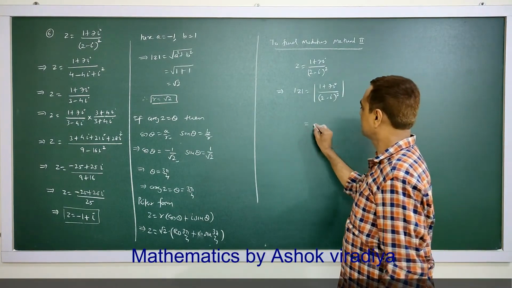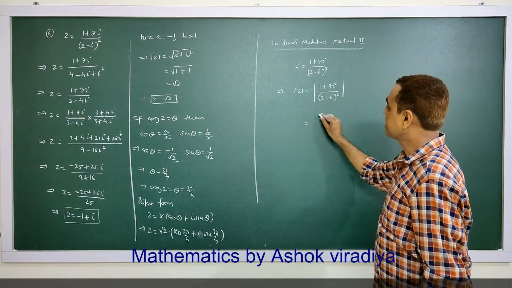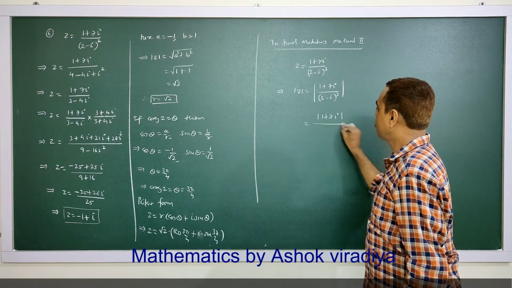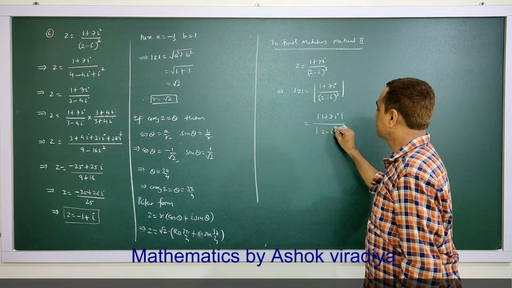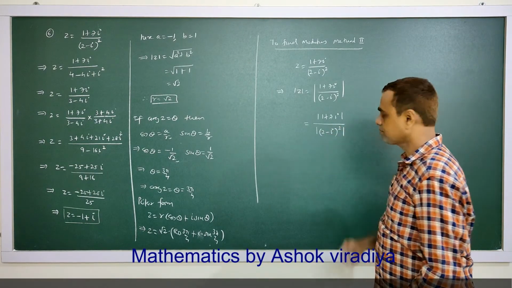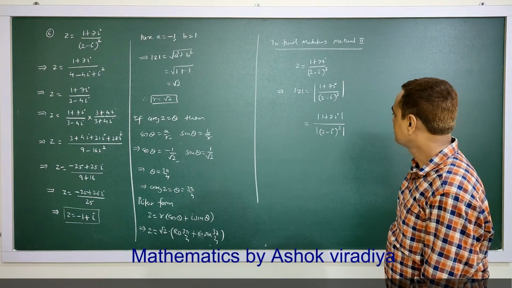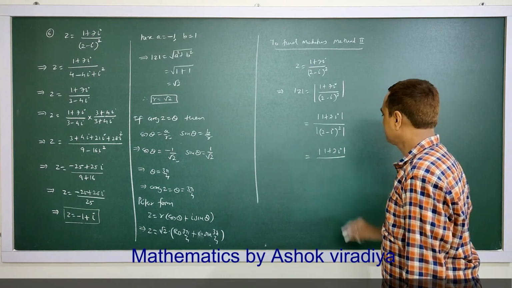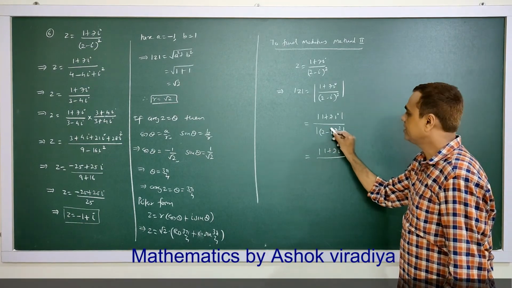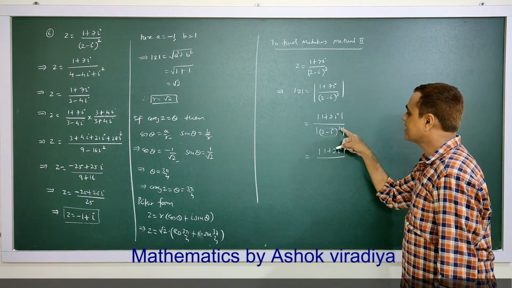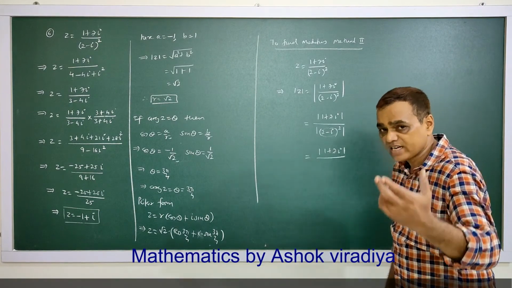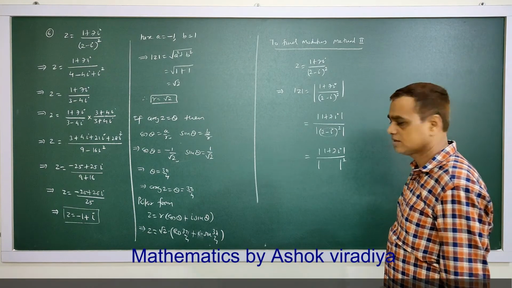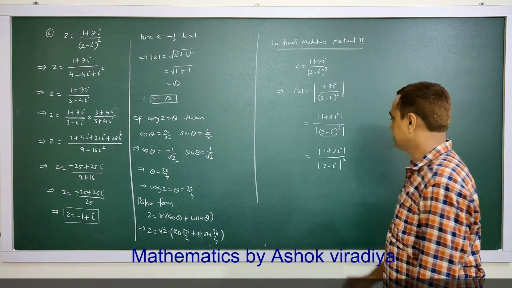That is, modulus of z1 upon z2 is modulus of z1 upon modulus of z2. This is equal to modulus of (1 plus 7i) upon modulus of z square, which is modulus z whole square, of 2 minus i.